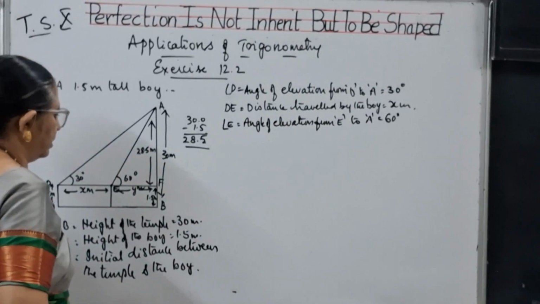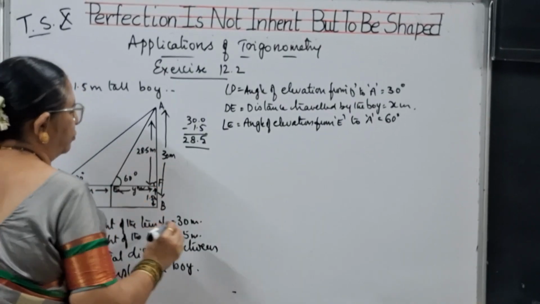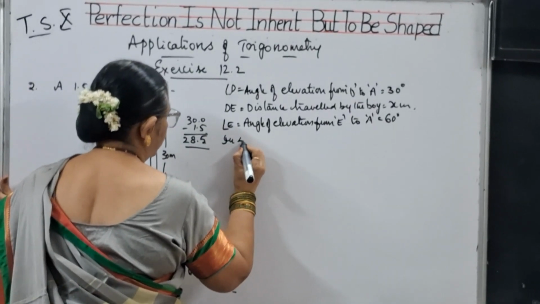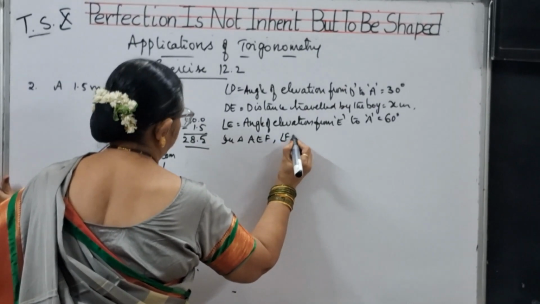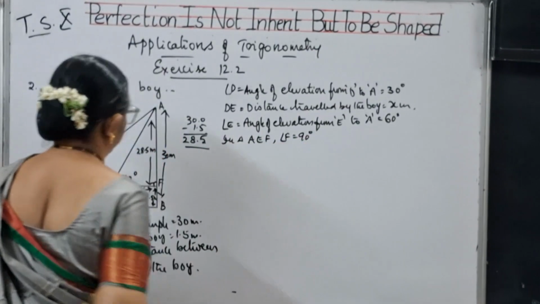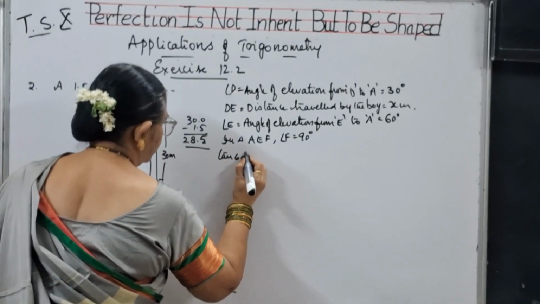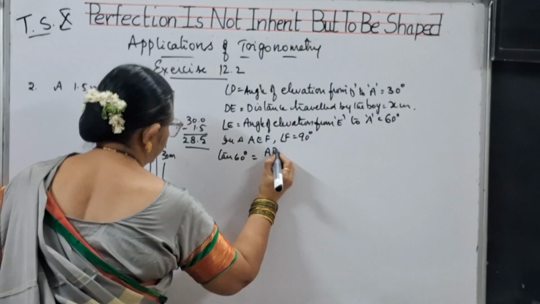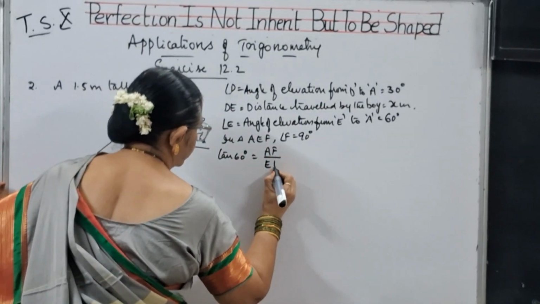Now first let us take triangle AEF. In triangle AEF, angle F is equal to 90 degrees. So tan 60 degrees is equal to AF by EF.